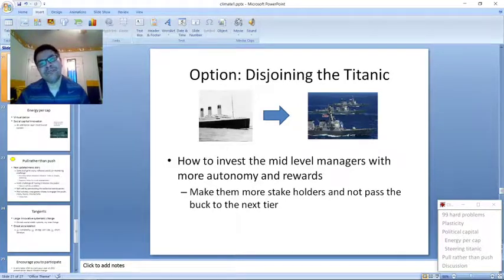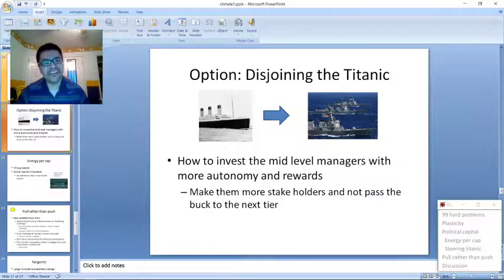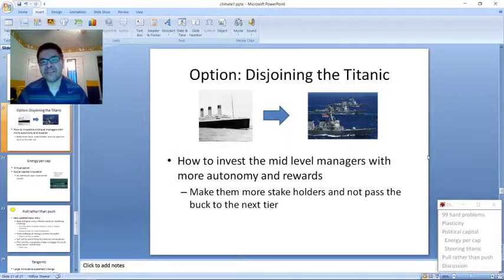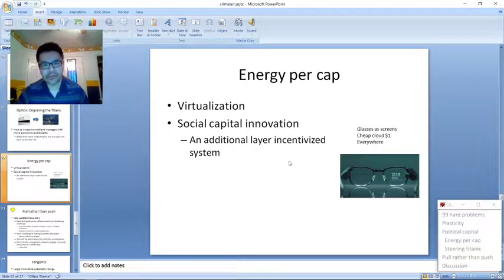Can we invest middle-level managers with more responsibility, and this ties into the corporate governance part, can we invest them with more autonomy and rewards so that they do not pass the buck to the next tiers but to actual governmental stakeholders?